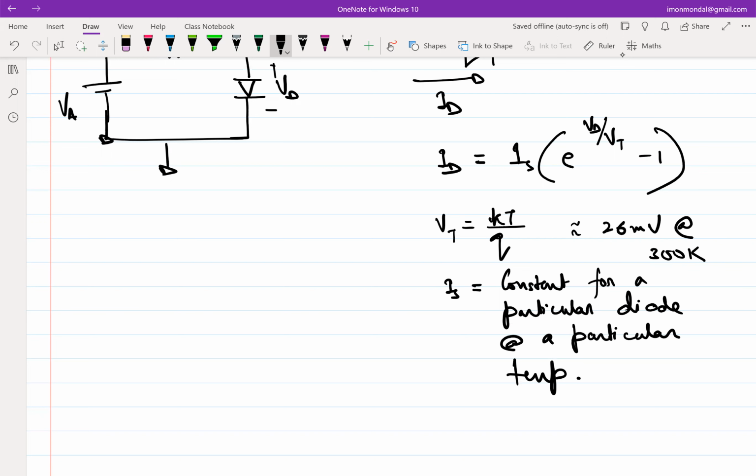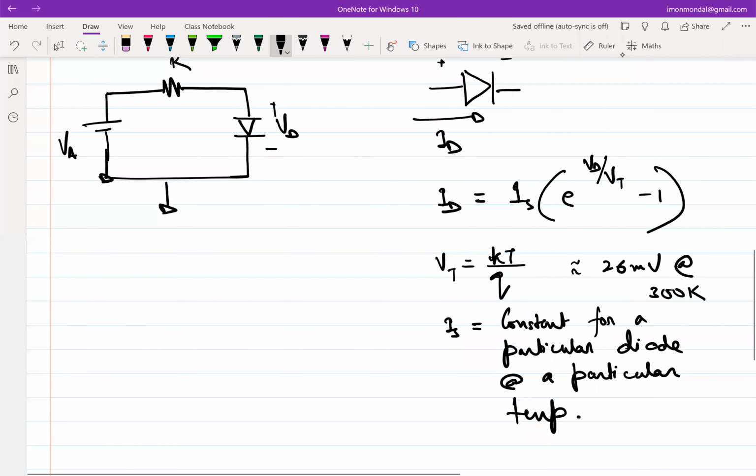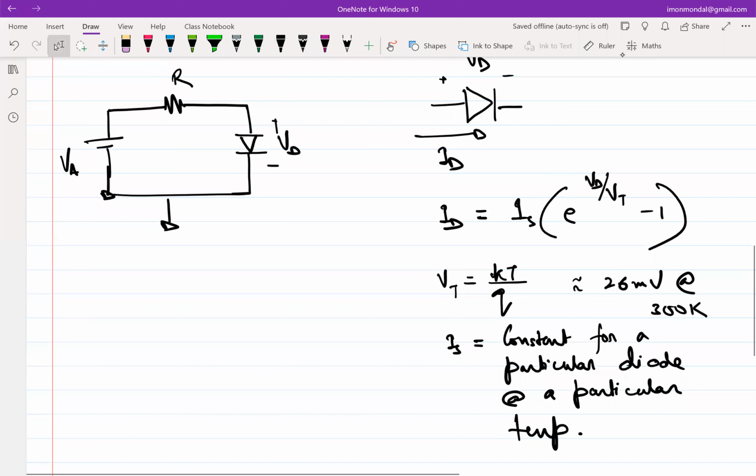If you want to understand how these things came into being, that falls in the domain of device modeling courses, 311 and so on. I would encourage you to register for those courses when the time comes. As of now, we will be dealing with nonlinear elements as black boxes, but the relationship between I and V is established, and this is the relationship between I and V of a diode.